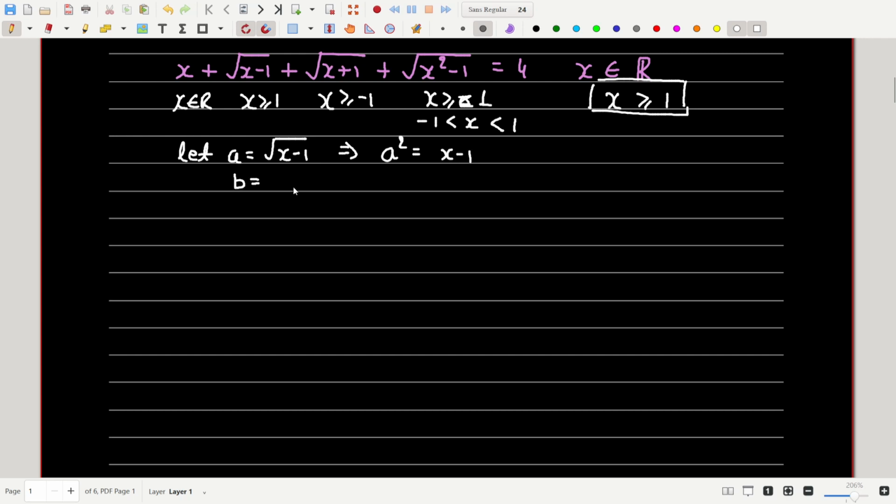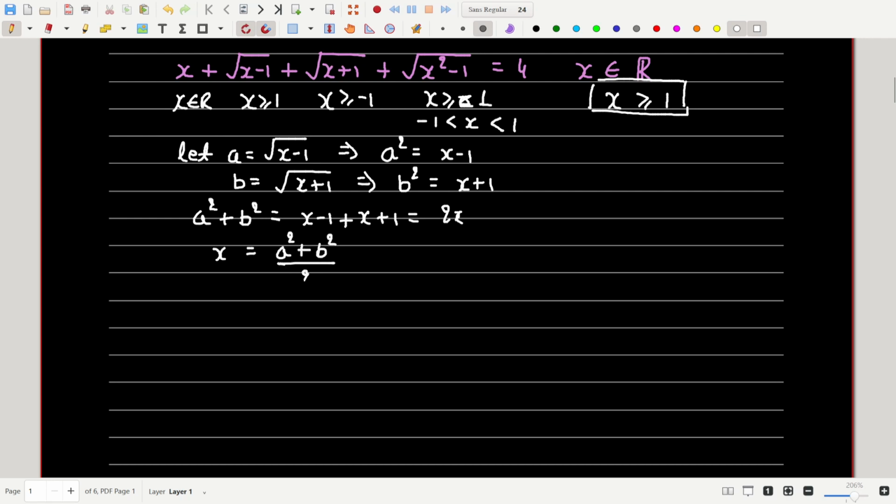Similarly, if b is equal to under root of x plus 1, this would mean b square is equal to x plus 1. Now let us add a square plus b square, which gives me x minus 1 plus x plus 1, which is equal to 2x. And what this means is x is equal to a square plus b square divided by 2.